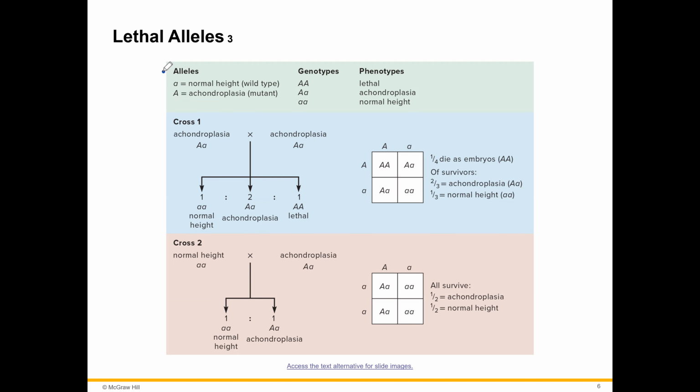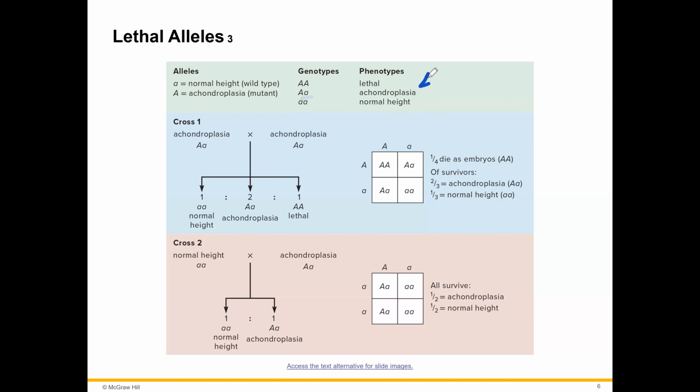Now, those are our alleles. Remember, every person has 2 alleles for every gene. So if we have 2 alleles for each gene, what alleles can we have? Well, we can have big A, big A, or big A, little a, or little a, little a. Now, homozygous dominant is a lethal allele.